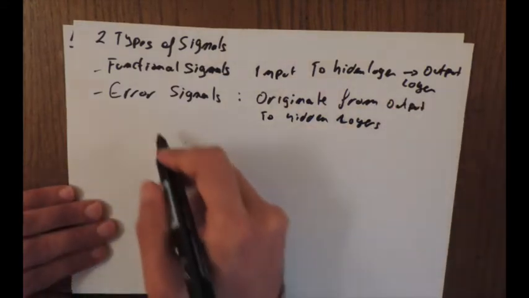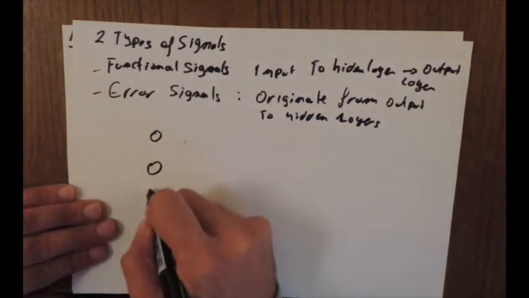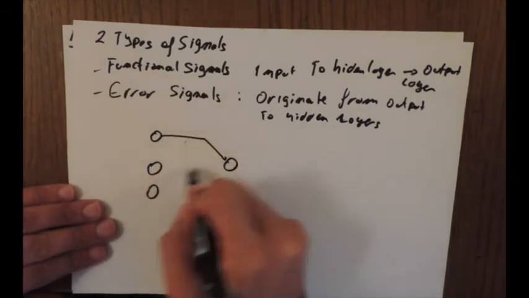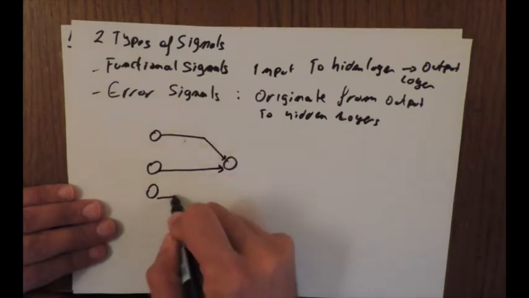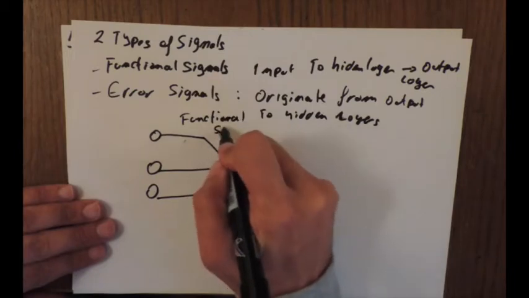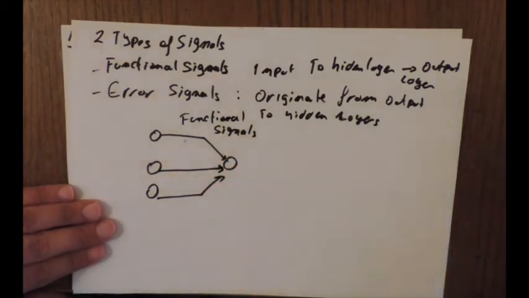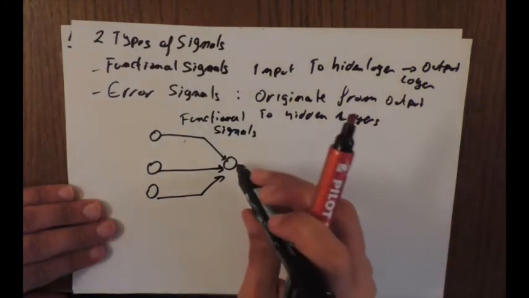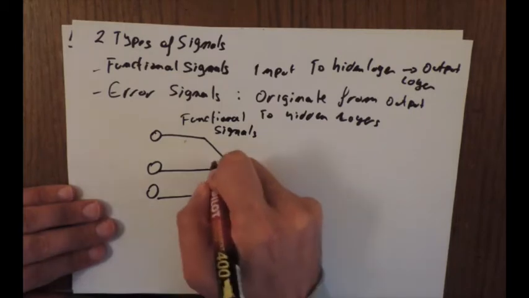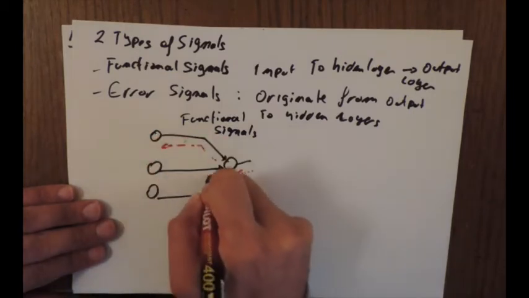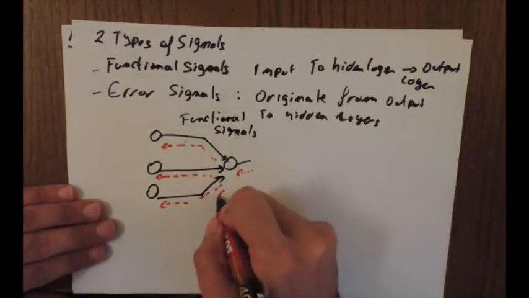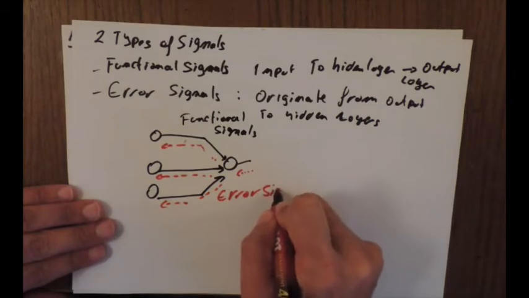If I draw something like this, say this is a hidden layer, these are the functional signals, and we have error going like this, and here we have the error signals. So these are the error signals.